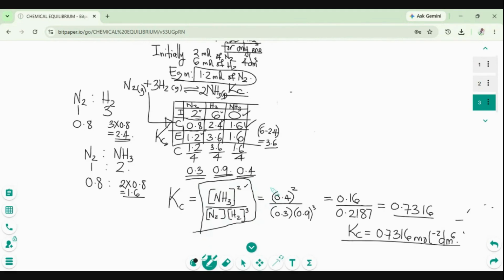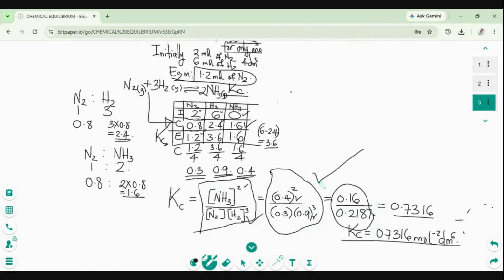After writing the formula, I proceeded to substitute into the formula right here. And you notice the brackets I'm using. These brackets, the normal ones. The square brackets, we use them only in chemistry to mean concentration. When we go to mathematics and we're dealing with values, we bring back our normal brackets. Then I simplified it further. So this is just a simplification. If you're good at math, you don't need to simplify.